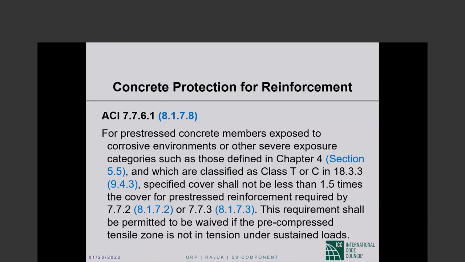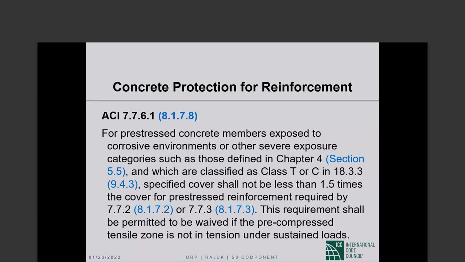Anyway, the tensile stress under service level loads going beyond 7.5 square root of f'c, as I recall, in our units, will make a member class C, a cracked member. If there is no tension, then it is uncracked, and in between it is transition.